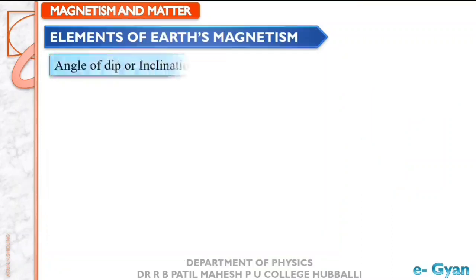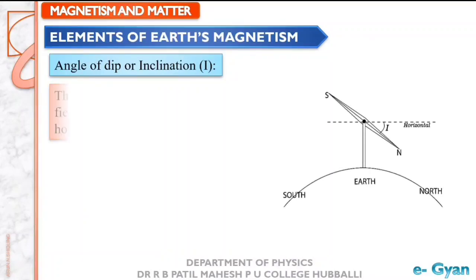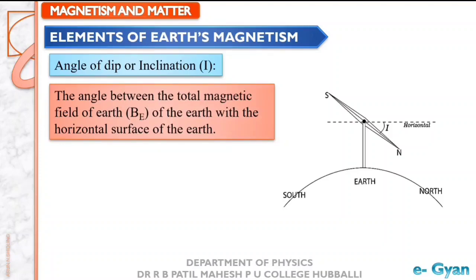Moving ahead, let us now define the angle of dip or inclination. It is the angle between the total magnetic field of Earth and the horizontal surface of Earth.